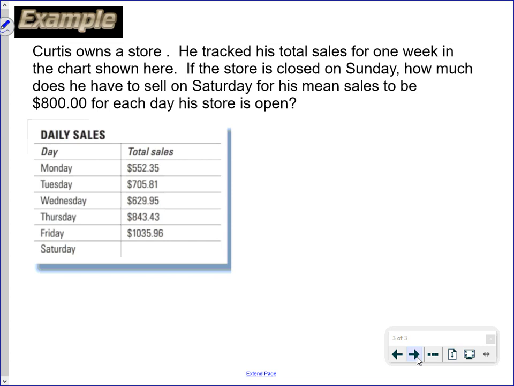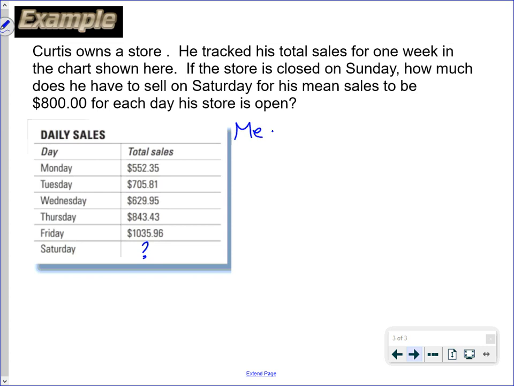So he's tracked Monday to Friday and the amount of sales that he's got for Monday to Friday. We want to know what his Saturday sale is so that his average for the week will be $800, knowing that his store is closed on Sunday and he won't have any sales on Sunday.